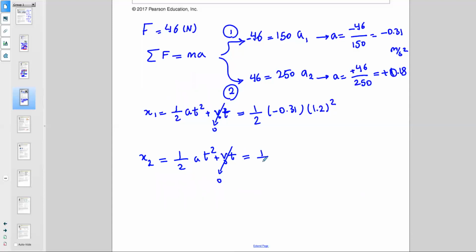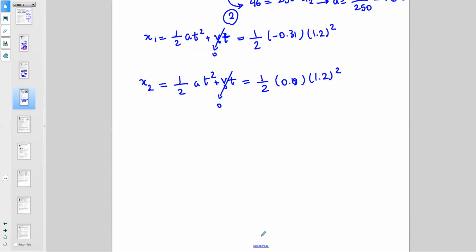So it means half a is 0.18, t squared is 1.2 to the power 2. Now, x1 is in the negative direction, and x2 is in the positive direction. The time for both of them is 1.2 seconds, but the accelerations are different.